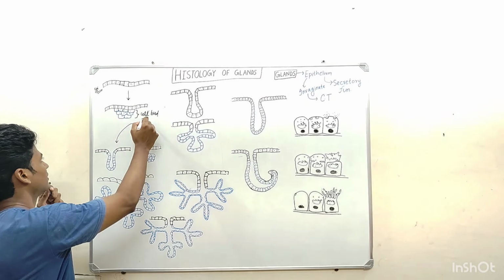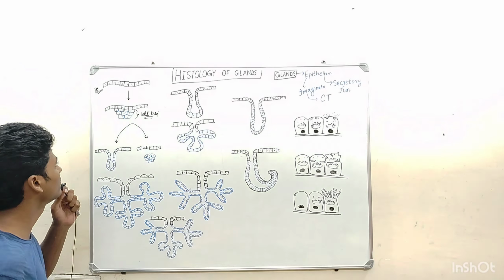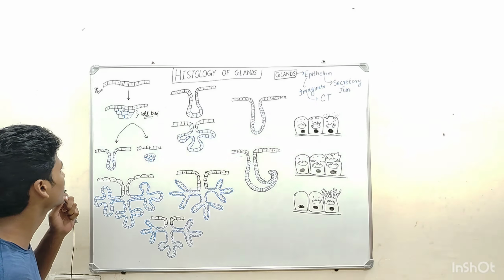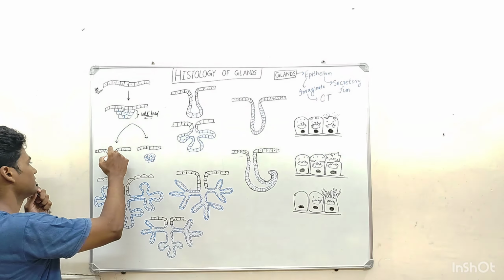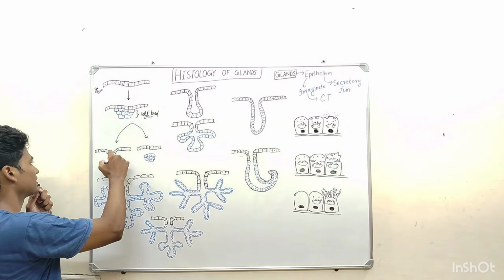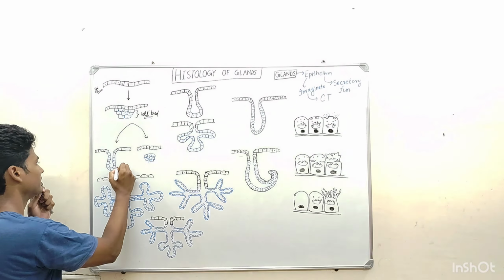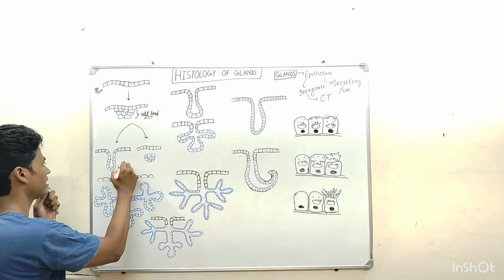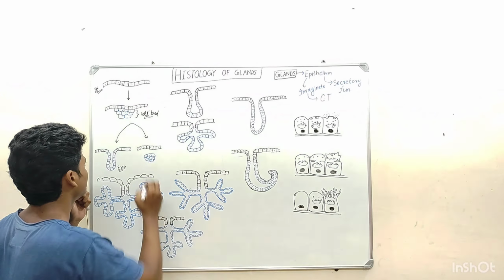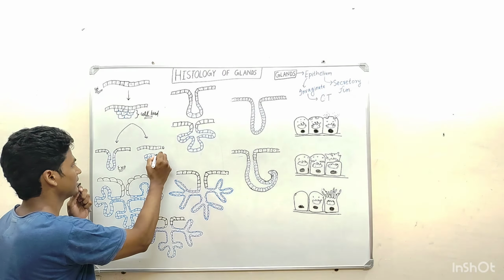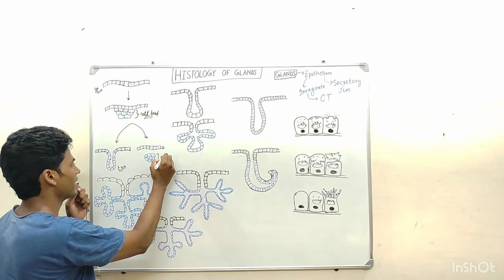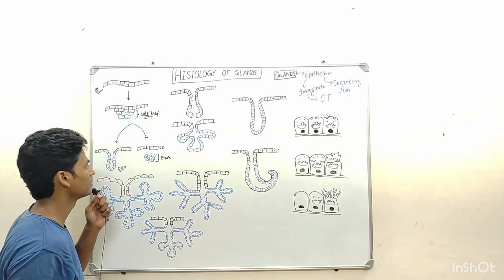And these cell buds are the precursors for the glands. If lumen formation occurs in the cell bud, then it is called an exocrine gland. And if the cell bud gets detached from the epithelium, then it is called an endocrine gland.